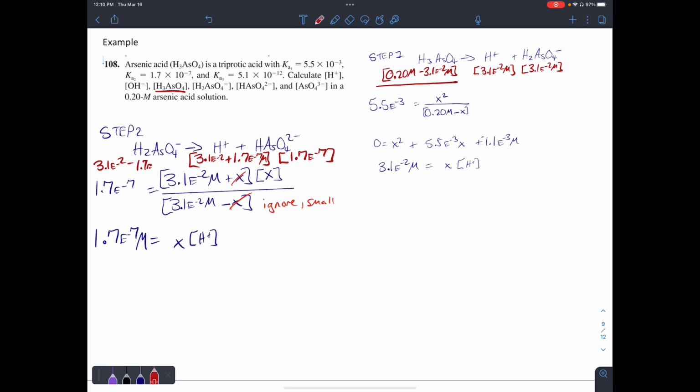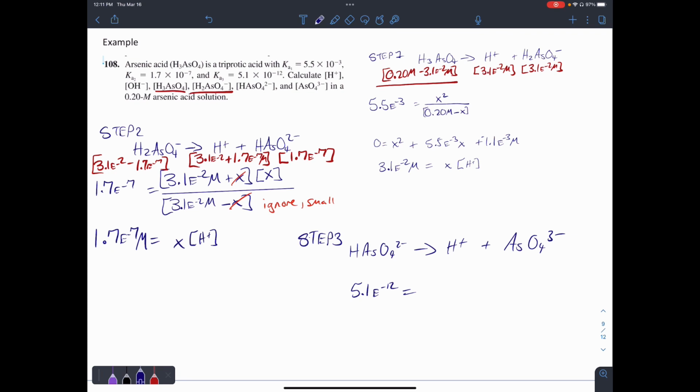Okay, this time we're starting with and releasing. Okay. We're going to write our K expression. Can I just go ahead and plug in K? Again, it's not okay for us to use the x squared in the numerator this time.